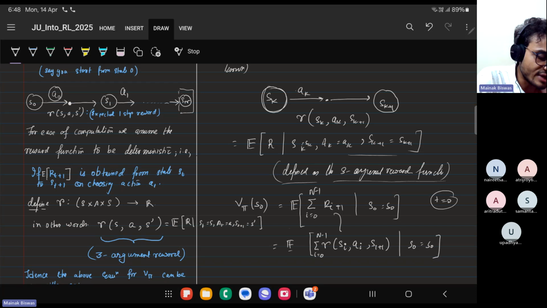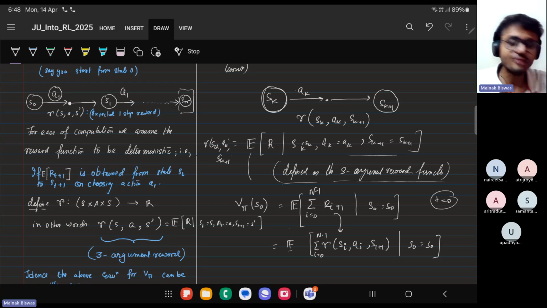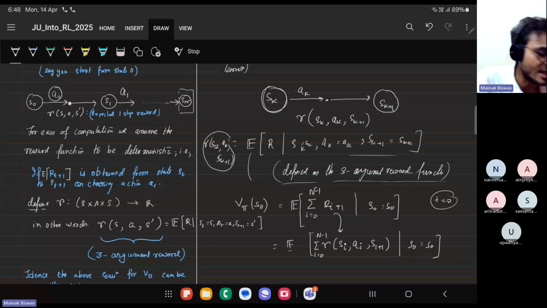Basically, we are just replacing this three argument function over here. Even if there was stochasticity, we are accounting for it by taking the expectation. Is it clear to everybody?